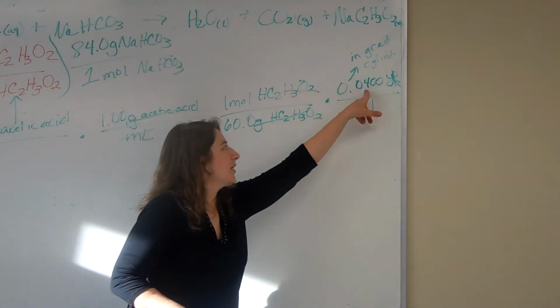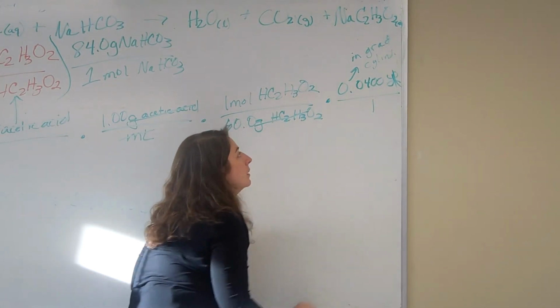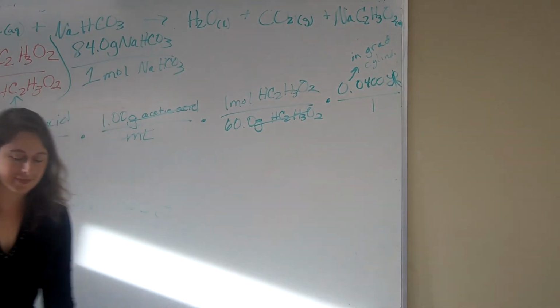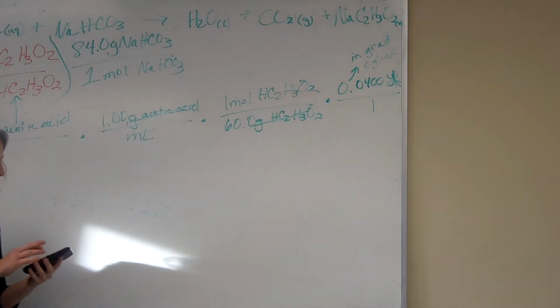If I converted that to scientific notation, it would be... never mind, you're right. 4.00. Yeah, so it has 3, because when we measure, it's going to have 3. So if I type this into my calculator, everyone do it, I don't know the answer either.